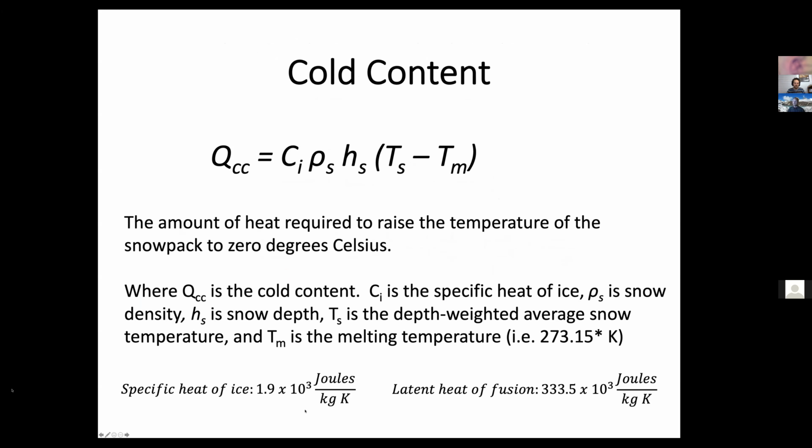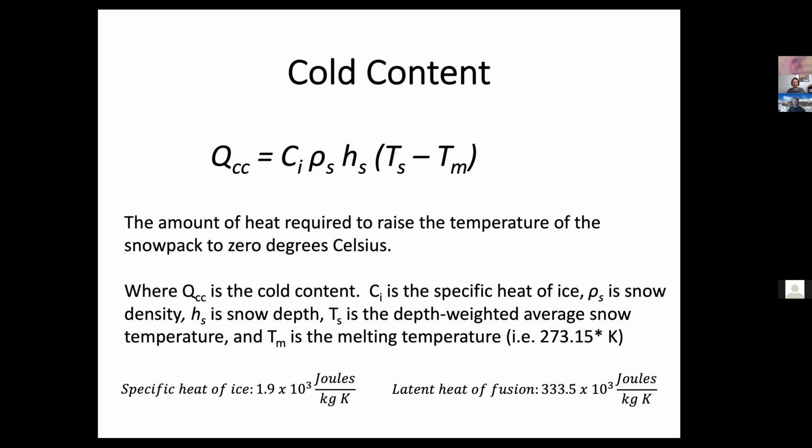And you can see Carl has them both here on the slide, where we have the specific heat of ice, which is how much energy it takes to raise a kilogram of ice 1 degree Kelvin. And then we have the latent heat of fusion, which is how much energy it takes to convert a kilogram of ice to a kilogram of water.